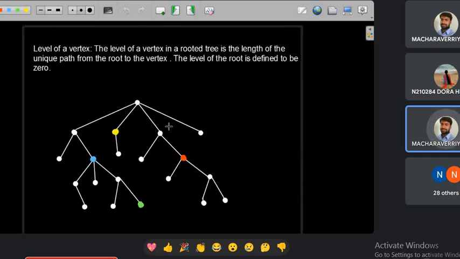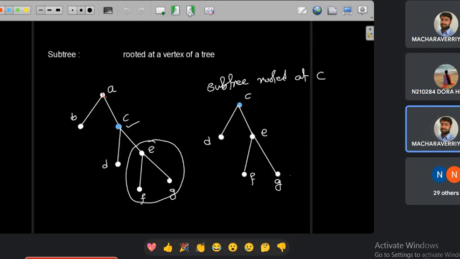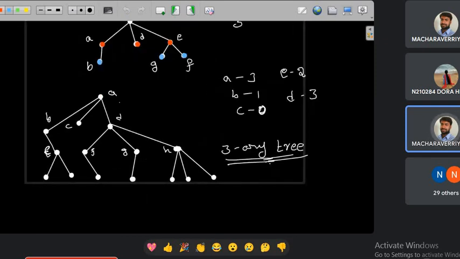Alright, now I'd like to define the level of a vertex. It is there in the name itself. Just for understanding, look at this graph.